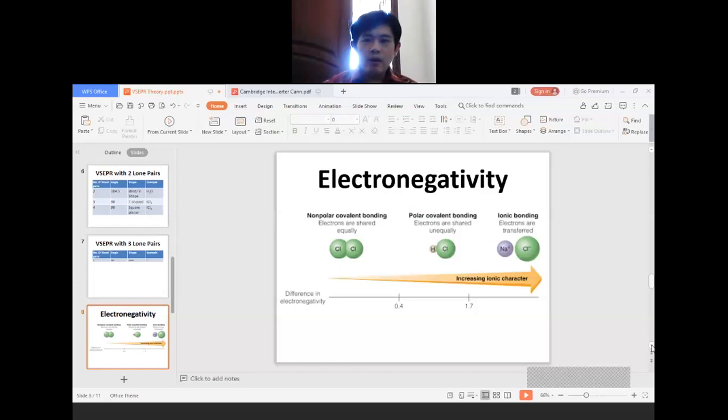Okay, an example here is Cl2, Cl and Cl. They have the same electronegativity. So when two chlorine atoms combine chemically, there is no difference in electronegativity. So we call this molecule non-polar.